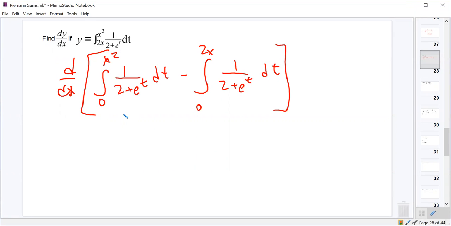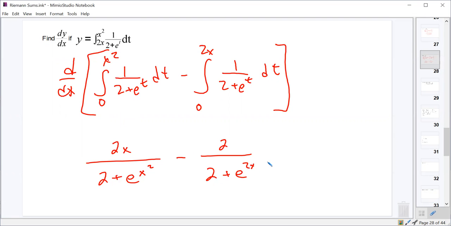For the first one, we should have a 1 over 2 plus e to the x squared times the derivative of the x squared, so 2x over 2 plus e to the x squared, and then minus 2 over 2 plus e to the 2x. Good or no?